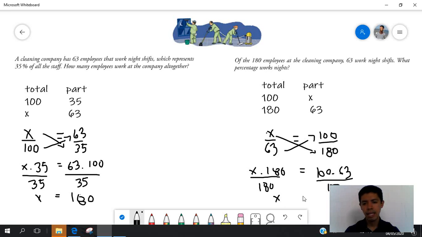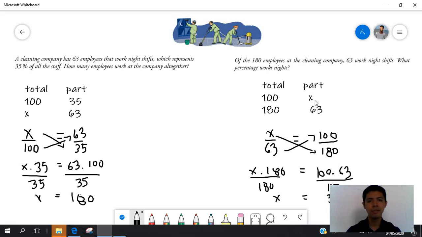It will mean that X is equal to the result of this operation, 100 times 63 divided by 180, and that is 35. So it means that out of 100, 35 employees work at night. That means 35%.